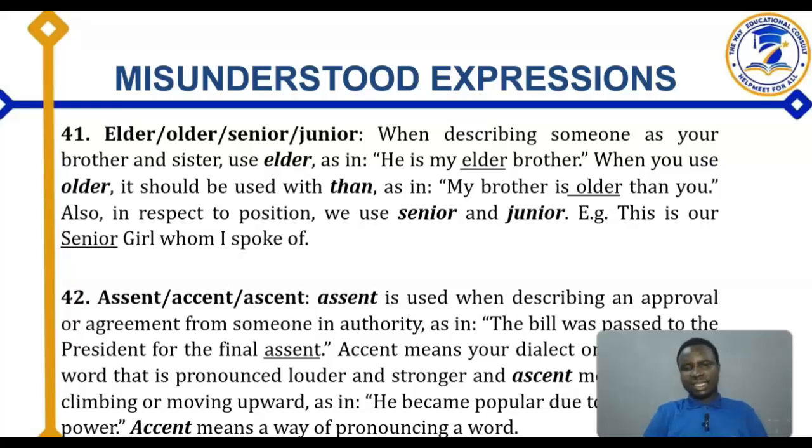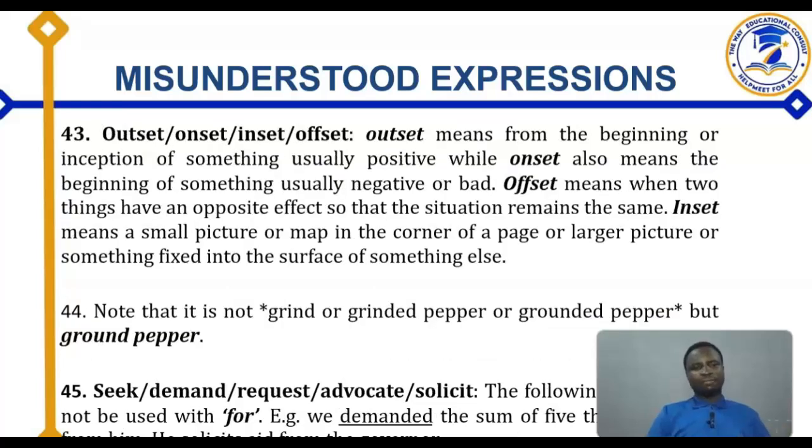Then ascent, ASCENT, means when you climb or you move upward. It became popular due to his ascent to power. That is, he was able to rise up to that level. I believe you are following me. And just like I said earlier, accent also means a way of pronouncing a particular word.